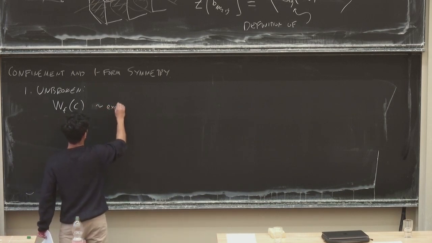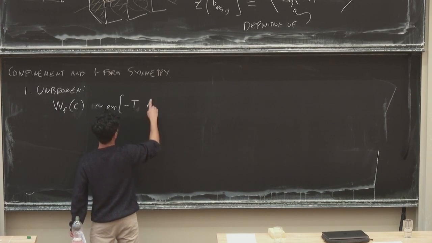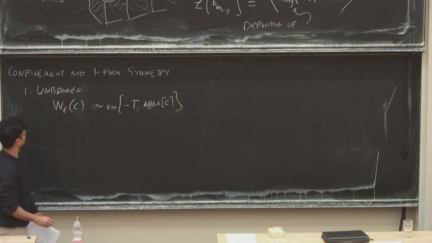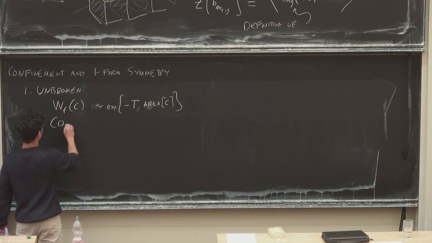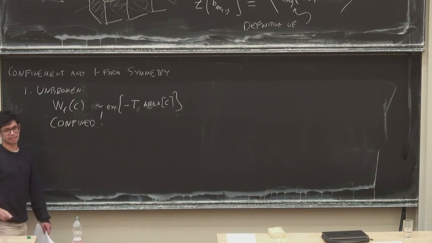This goes like e to the minus T times the area of C. Okay? This is the unbroken phase of the one-form symmetry, and this is, of course, what we call the confined phase of non-abelian gauge theory.